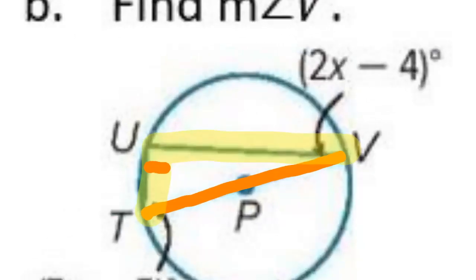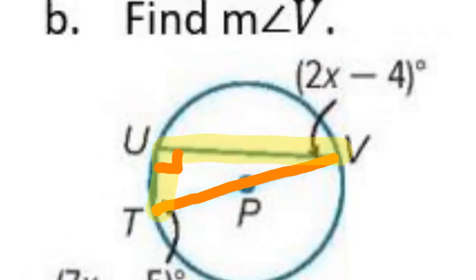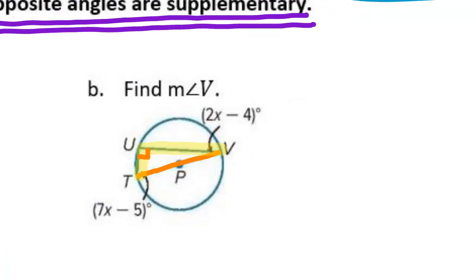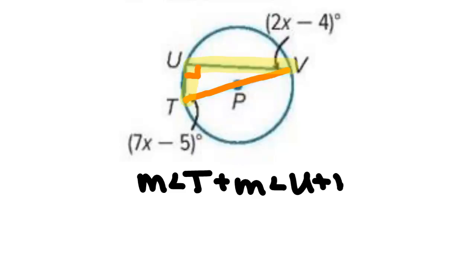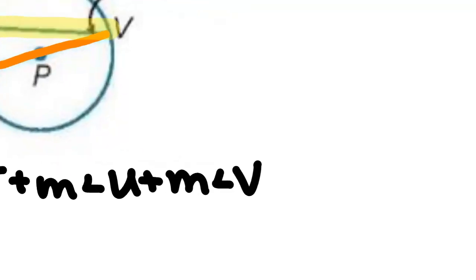So that means that angle U has to be a right angle because it is intercepting my diameter. So then the measurement of angle T plus the measurement of angle U plus the measurement of angle V equals 180.